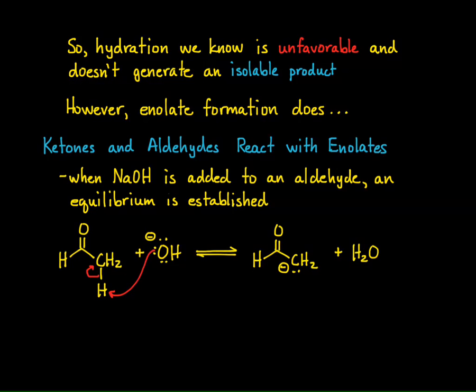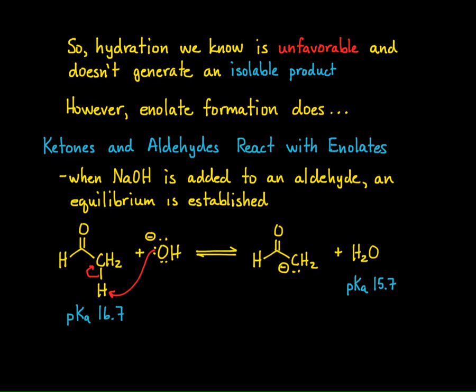So the entire reaction is the reactants are aldehyde, acetaldehyde in this case, and hydroxide, and the products are enolate and water. And if we understand the complete equilibrium conditions, then we can get a feel as to what's actually in solution at equilibrium. Now, to do that, we have to think about pKa's. So the pKa of acetaldehyde we know is 16.7, and of course the pKa of water is 15.7. And this is simply an acid-base equilibrium.